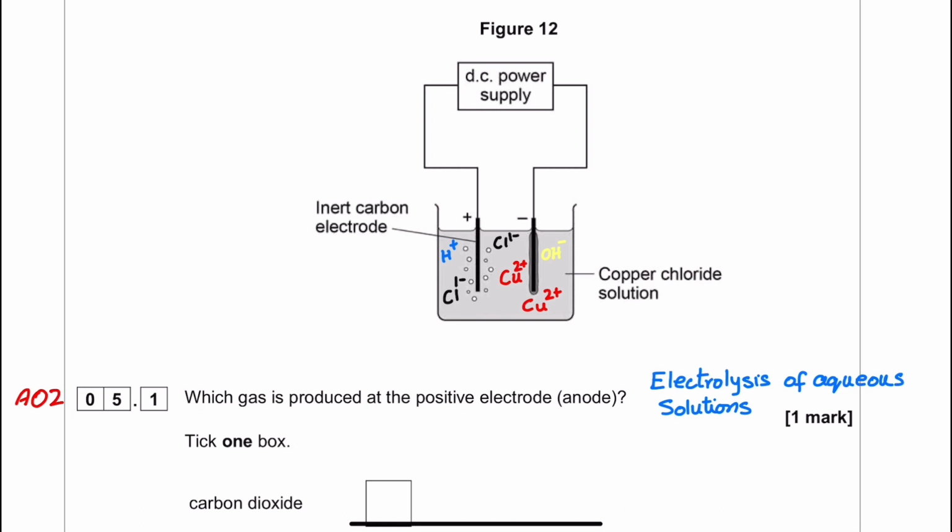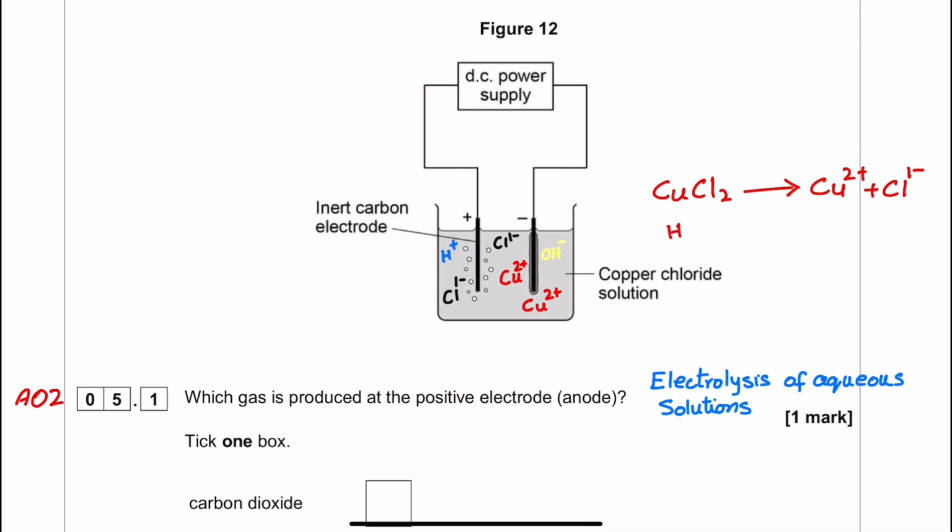The copper chloride has a formula CuCl2. When it makes a solution, it splits up into Cu2+ and Cl−.